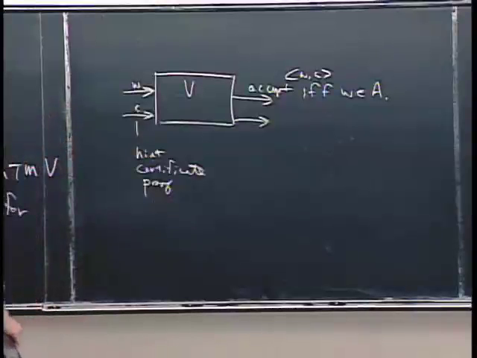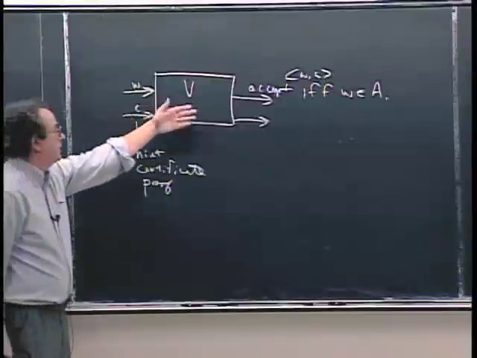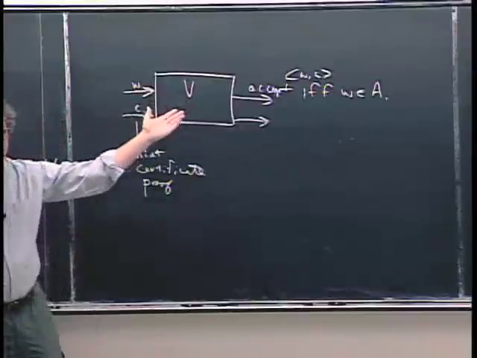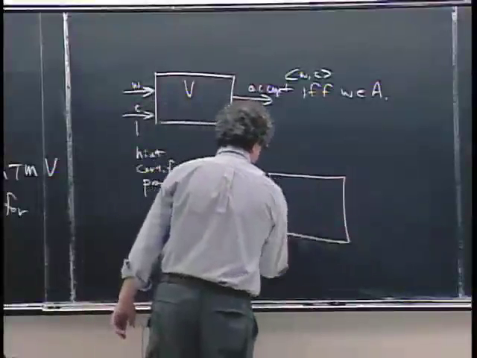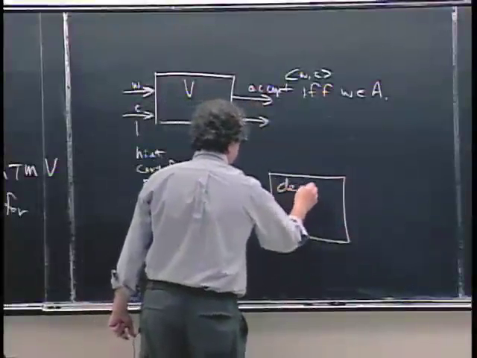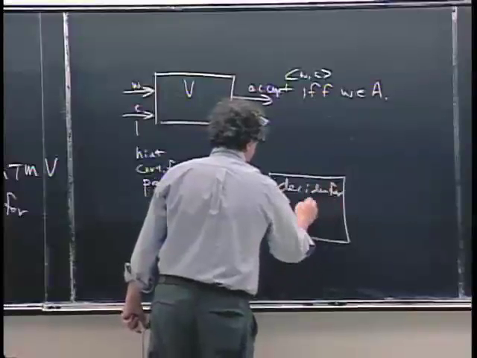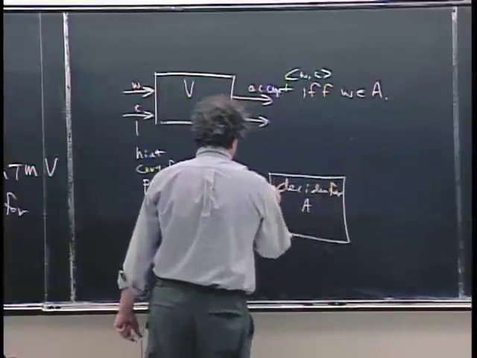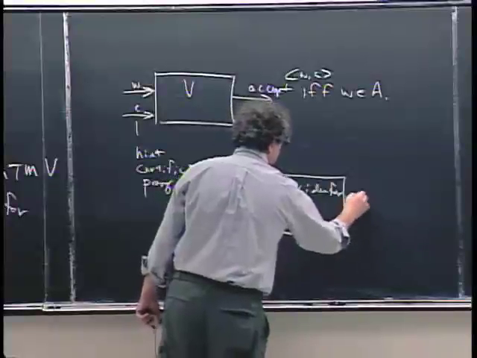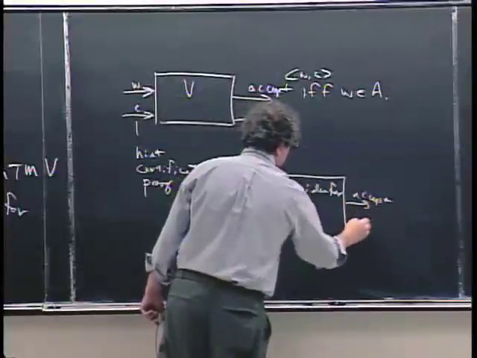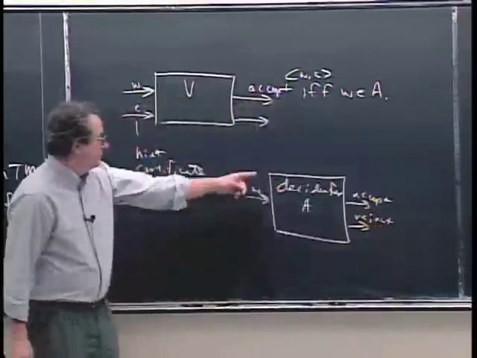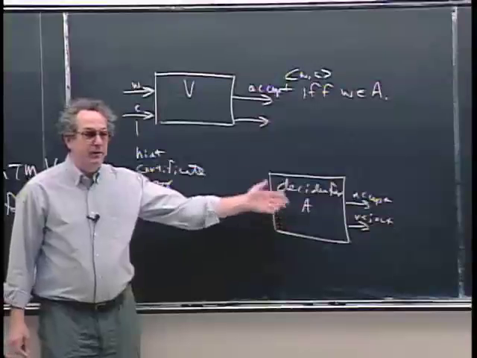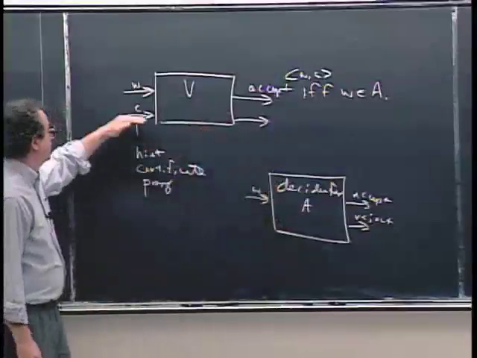and so on. So it's easier to have a verifier than to have a Turing machine that decides. Okay, so a decider for A is a more difficult thing to get your hands on than a verifier, because a verifier gets this extra hint.